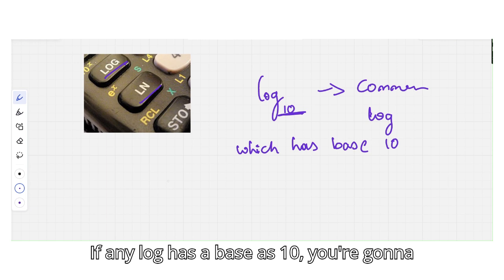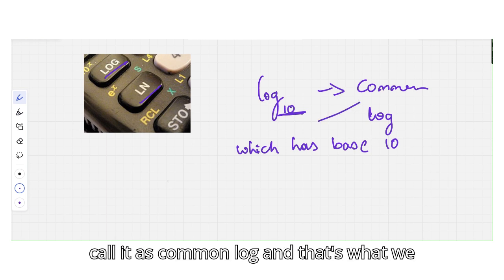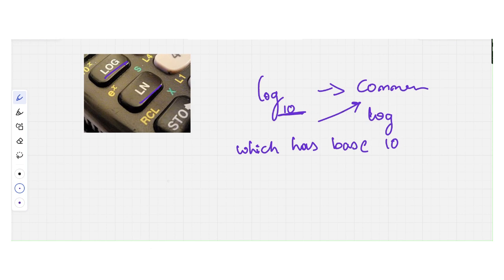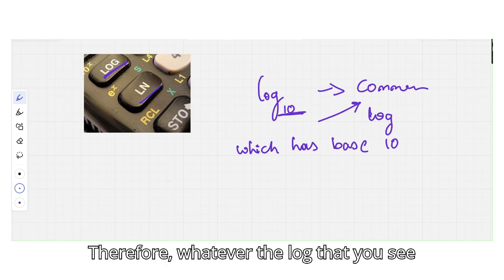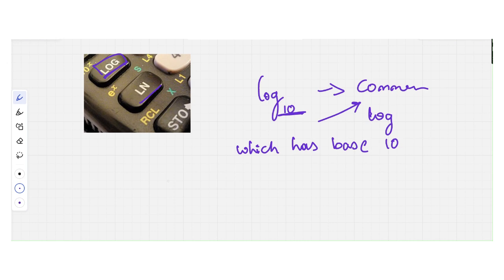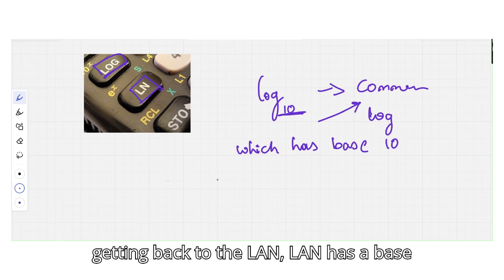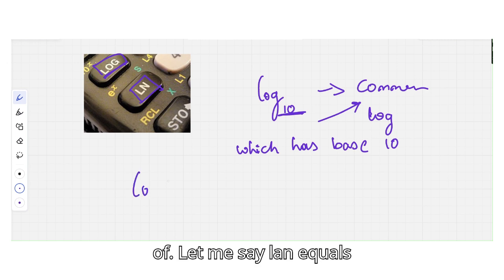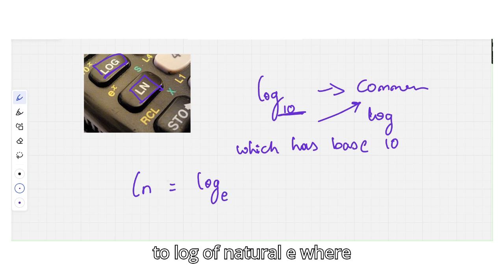If any log has a base of 10, you call it the common log, and that's what we widely use in calculators. Therefore, whatever log you see in a calculator has a base of 10. And getting back to LN, LN equals log of base natural e, where you call it the natural log.